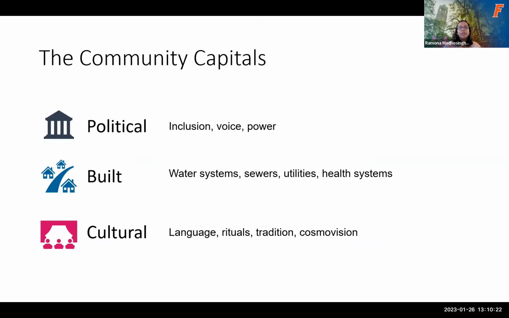On the next slide, we'll look at political. So this is your civic activation, right? It's a measure of social engagement. Communities that are engaged in leadership, public issues, giving voice to issues within the community that maybe impact the Master Gardener program or impact a partnership that you might have for a Master Gardener program. Built refers to infrastructure, buildings, housing, machinery, roads.